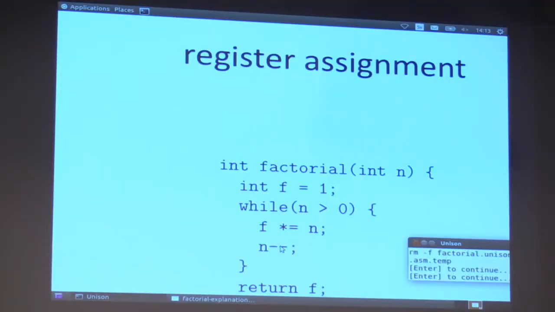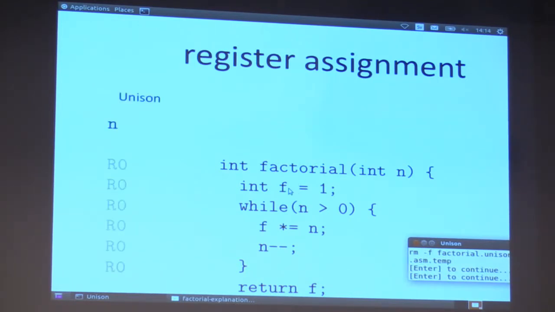We try to assign two variables to the same register, but they need to be alive at the same time. So what the register allocator needs to do in this case is to temporarily move one of the variables to another register at some point so that they don't clash, they don't override the value of each other. And that's actually why we have this register-to-register move instruction.